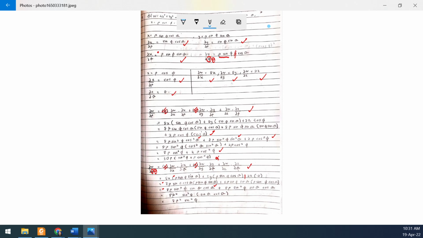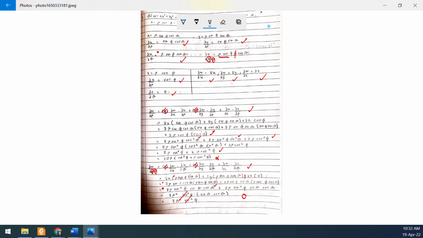So this is negative 8 rho sin squared phi sin theta cos theta plus 8 rho sin squared phi sin theta cos theta. That's why del W del theta you get answer 0. You factor out rho sin phi and then d/d theta of cos theta is negative sin theta. Soleha, your del X del theta, this one is negative, this is positive, cancel out is 0.